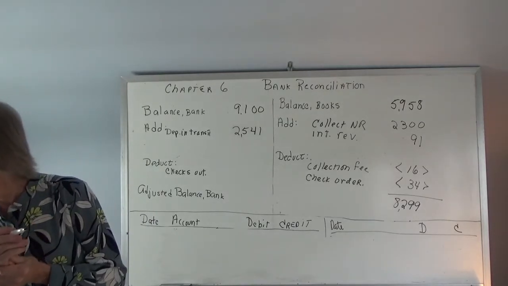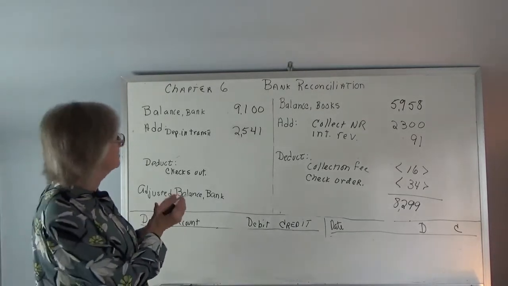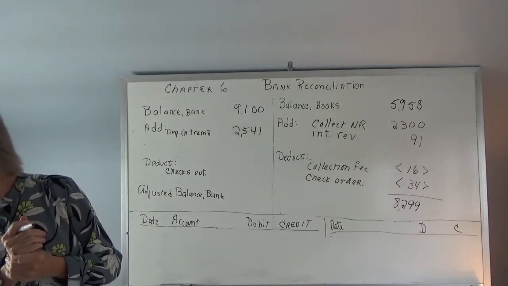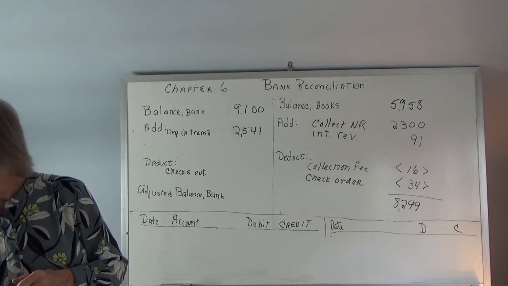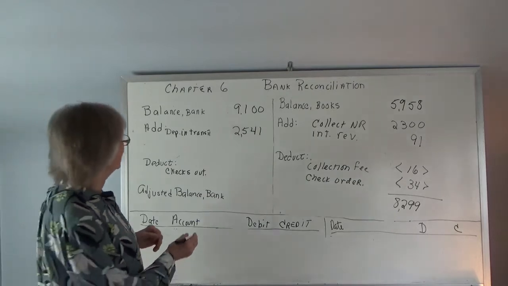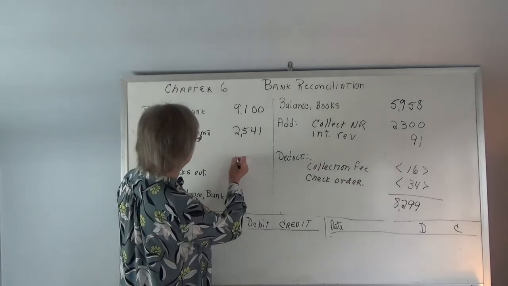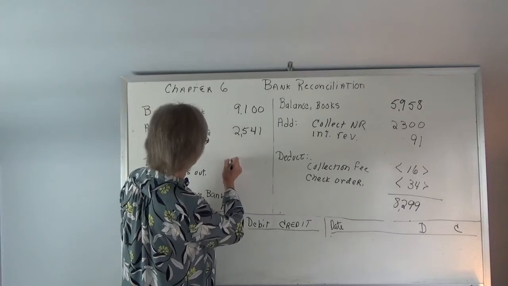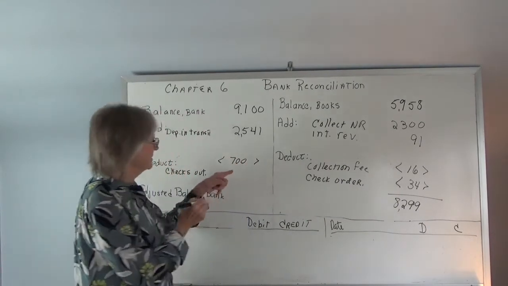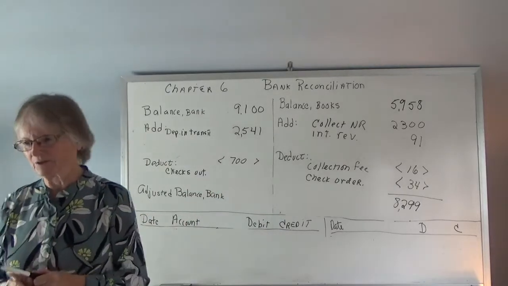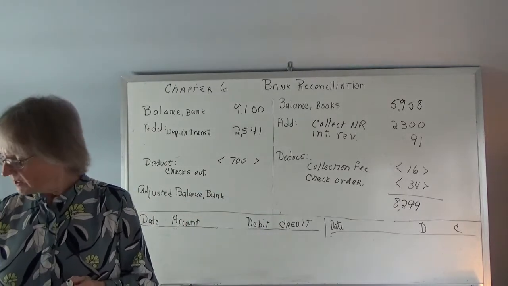Got too many numbers going around in my head. Yeah, okay, so check number 2451 for 700 is still outstanding. So we have checks outstanding of 700. We would do a separate schedule of this. I'm just going to put them there so we keep track of what we're doing.